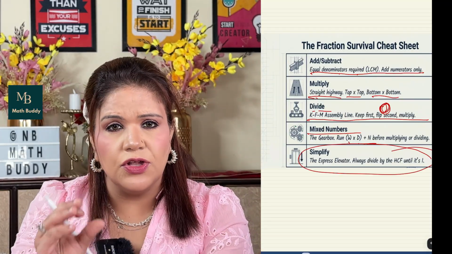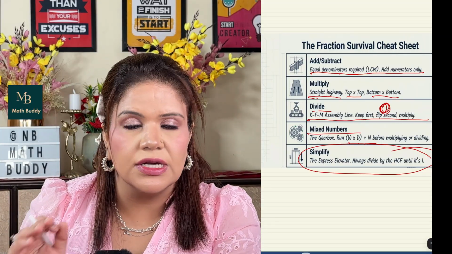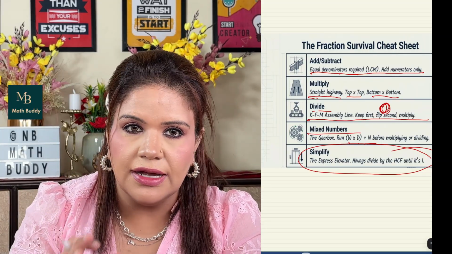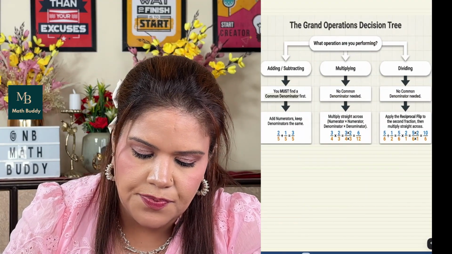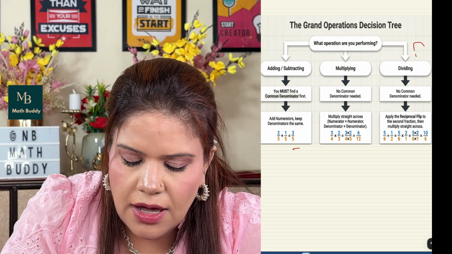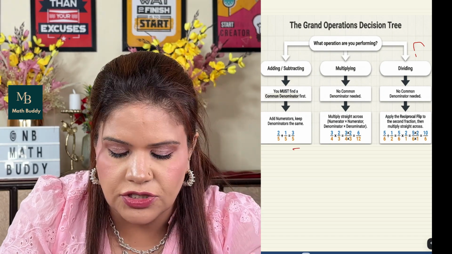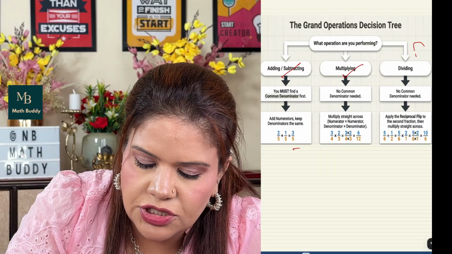I have given you one shortcut method for finding them out correctly and not losing marks halfway through in those questions. Now these are the operations which we covered today in fractions: addition and subtraction, multiplication, division.